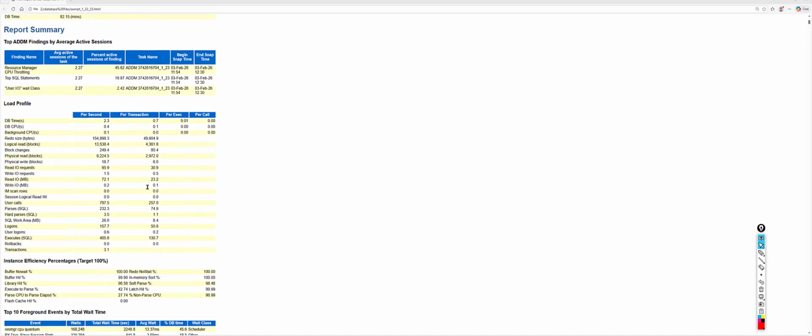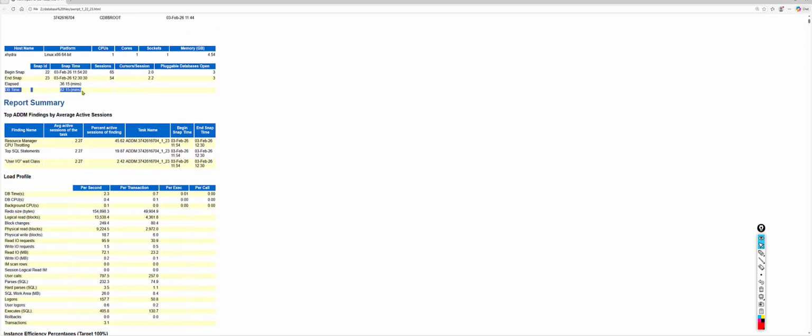Okay, so now this is also an indication that the workload was high during the time of the AWR report. How will you calculate? Whenever the elapsed time is higher than the DB time, that means the work was less. But if the DB time is higher than the elapsed time, then the work was high.